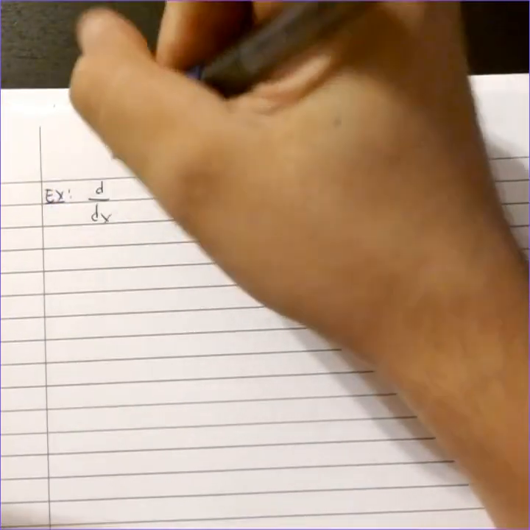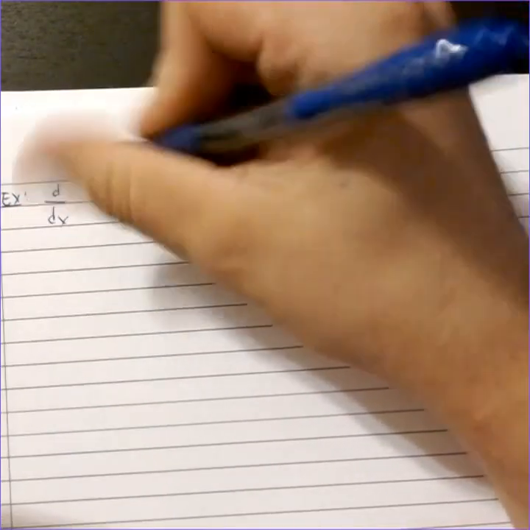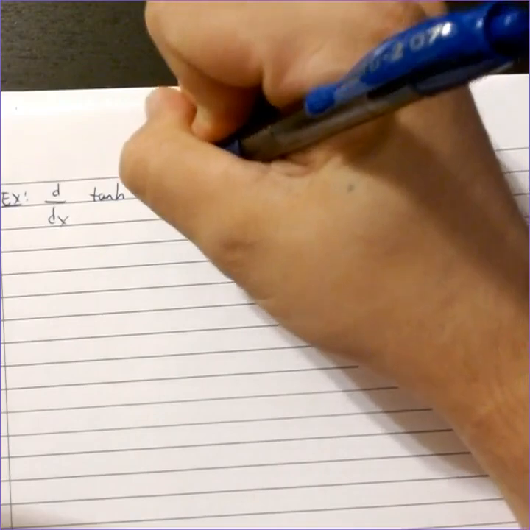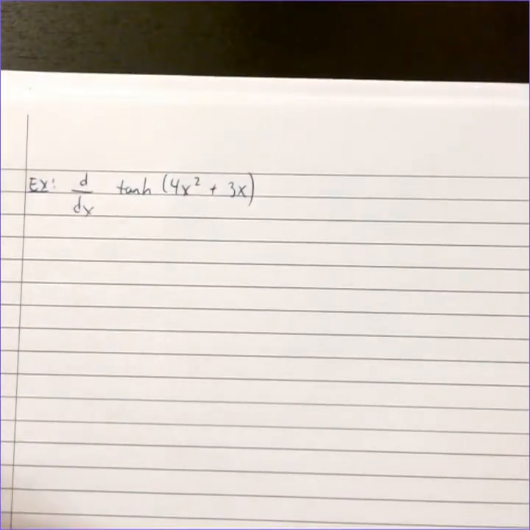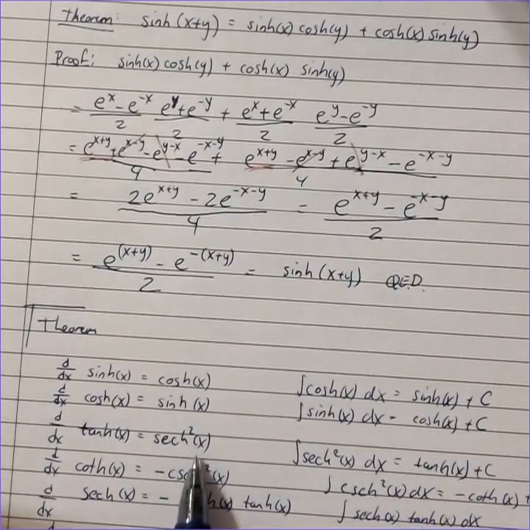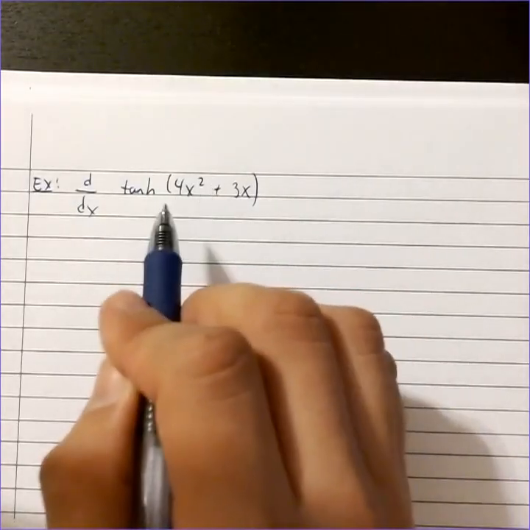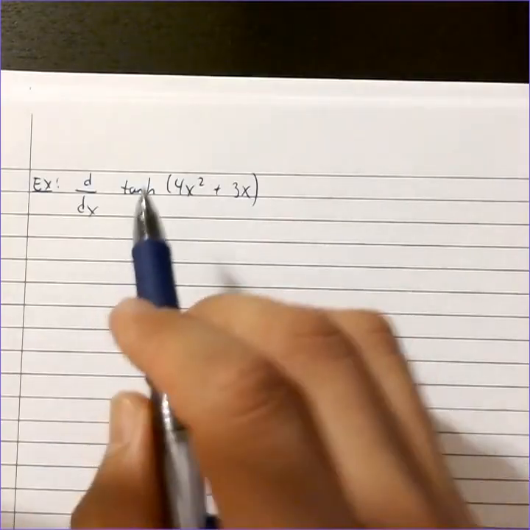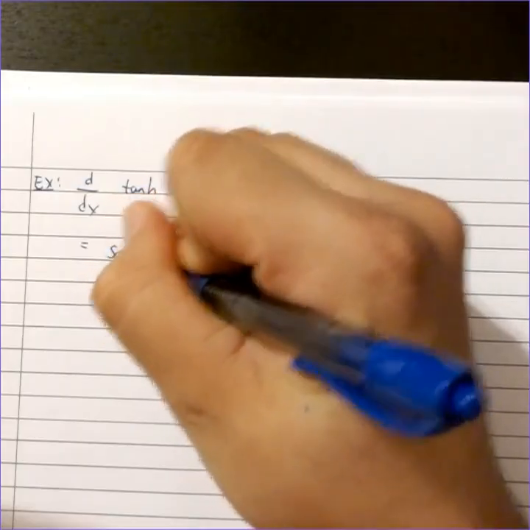For example, let's say you want to find the derivative with respect to x of the tanh of 4x squared plus 3x. Okay. Well, we see that the derivative of tanh of x is sech squared of x. Oh yeah, but this is not just x. It's a function of x. Okay, so we're going to have to use the chain rule. So the derivative of tanh of something is sech squared of something.